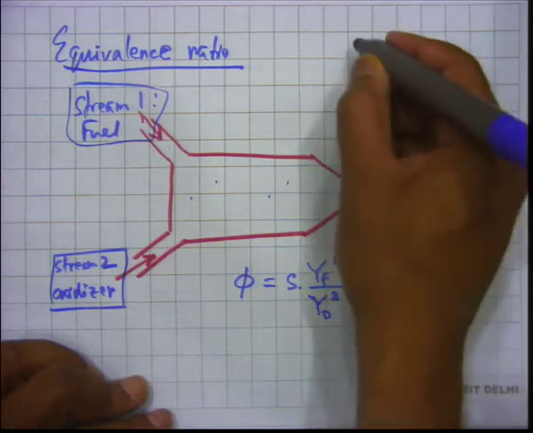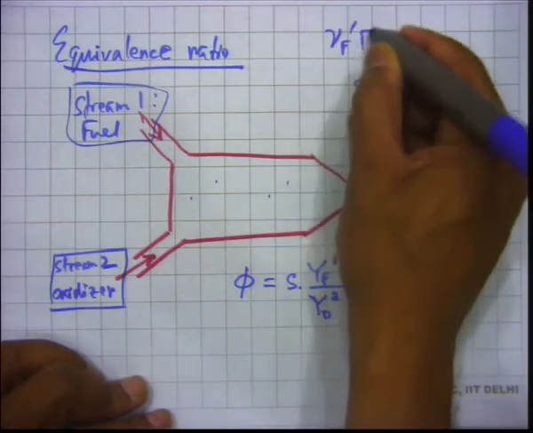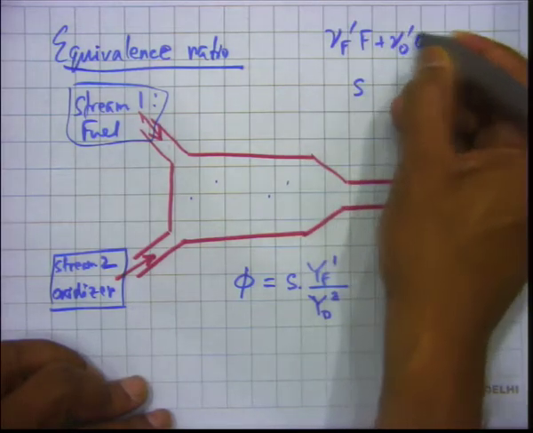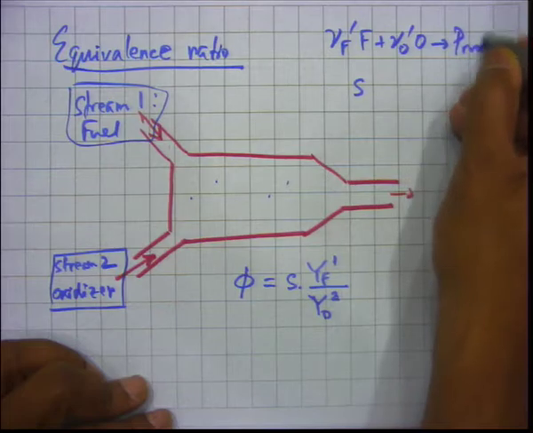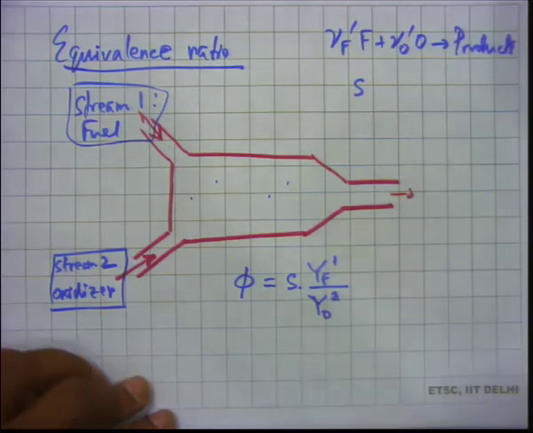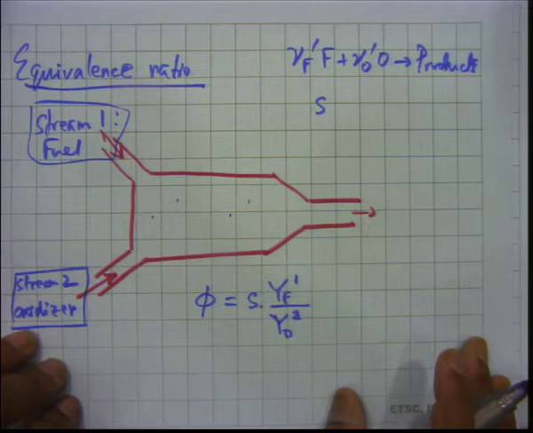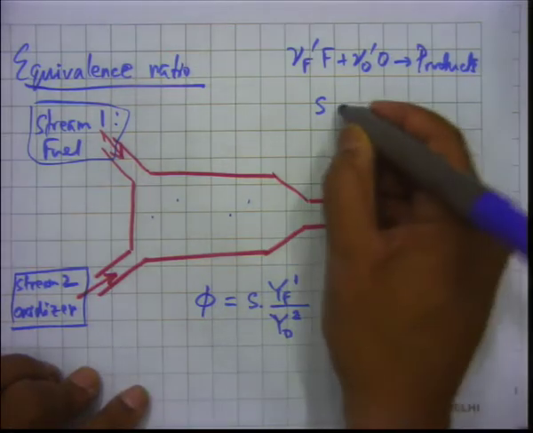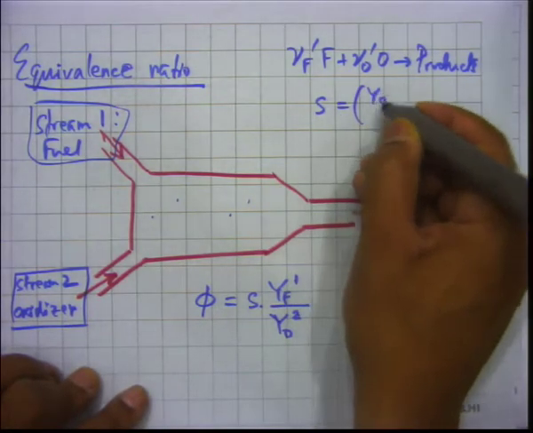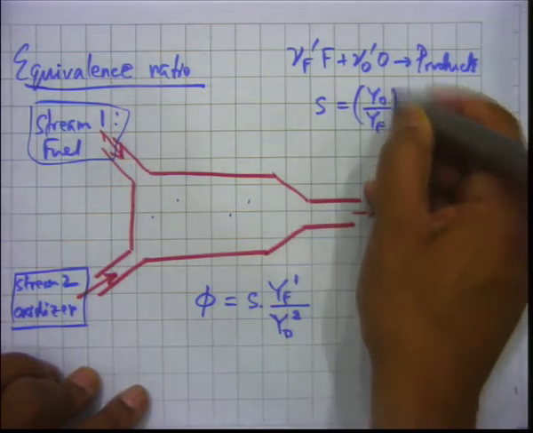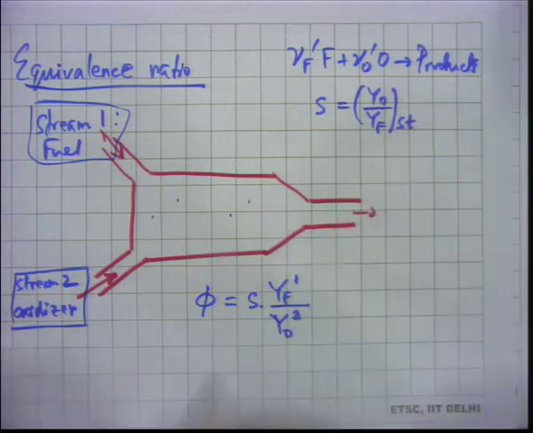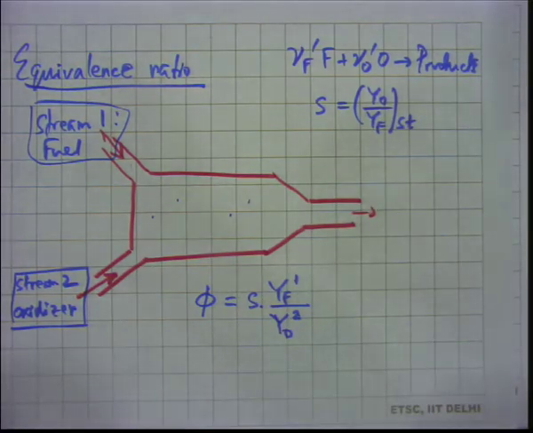S is in the context of something like this. So this will give you S. So S is actually YO by YF stoichiometric, correct?